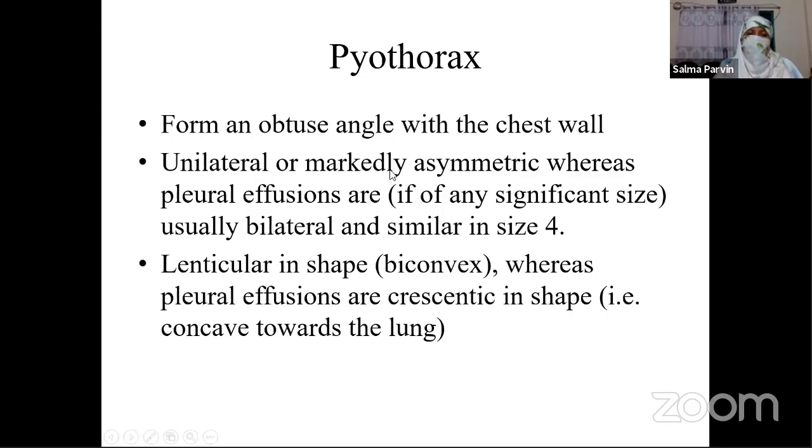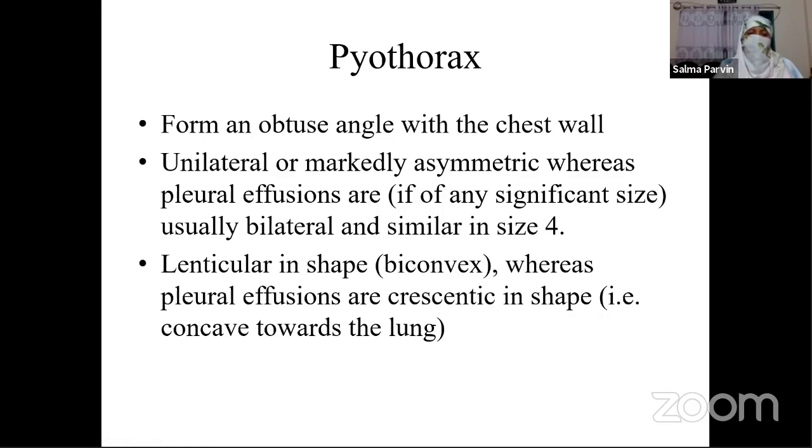It is unilateral or markedly asymmetrical, whereas pleural effusions are usually bilateral and similar in size. They may be bilateral and similar if there is a systemic cause of the pleural effusion, and markedly asymmetrical when it is bilateral.